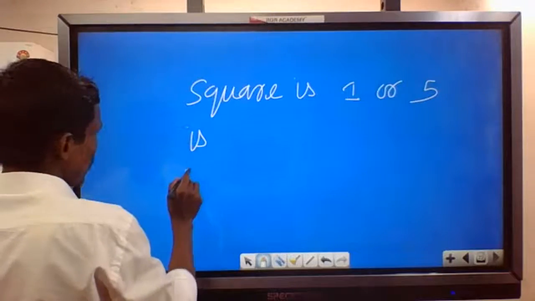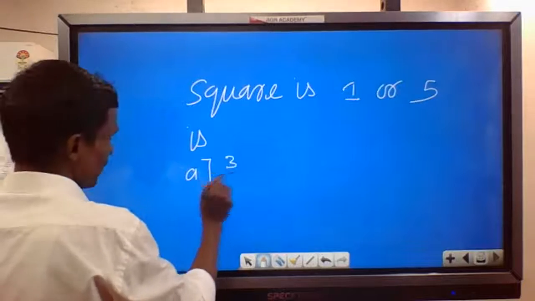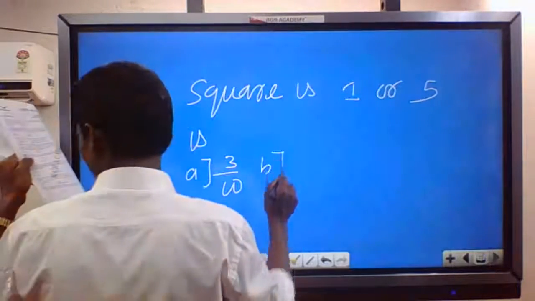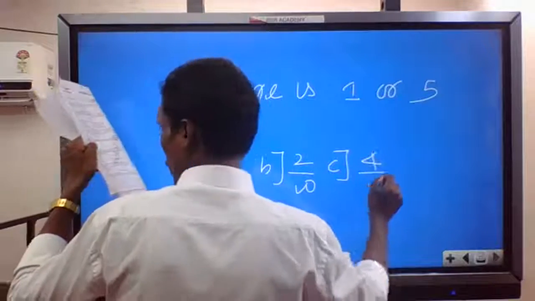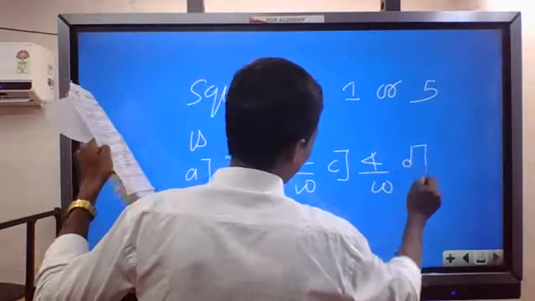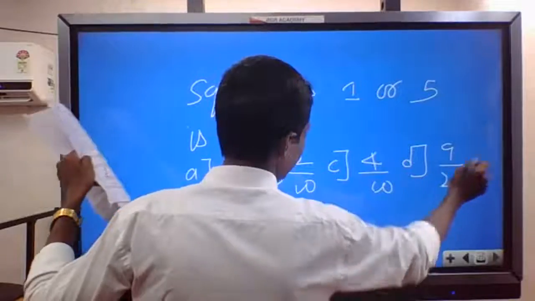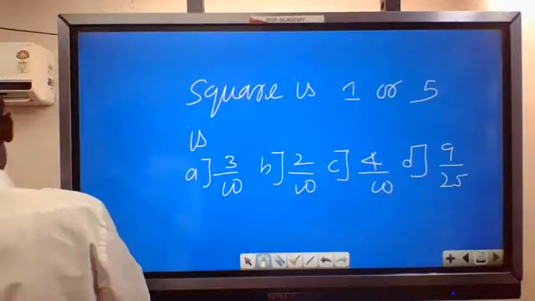Option A: 3 divided by 10. Option B: 2 divided by 10. Option C: 4 divided by 10. Option D: 9 divided by 25.